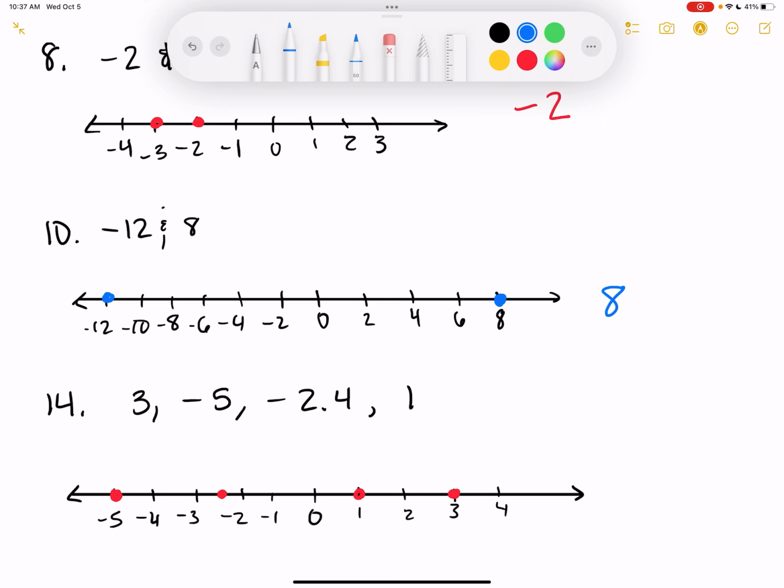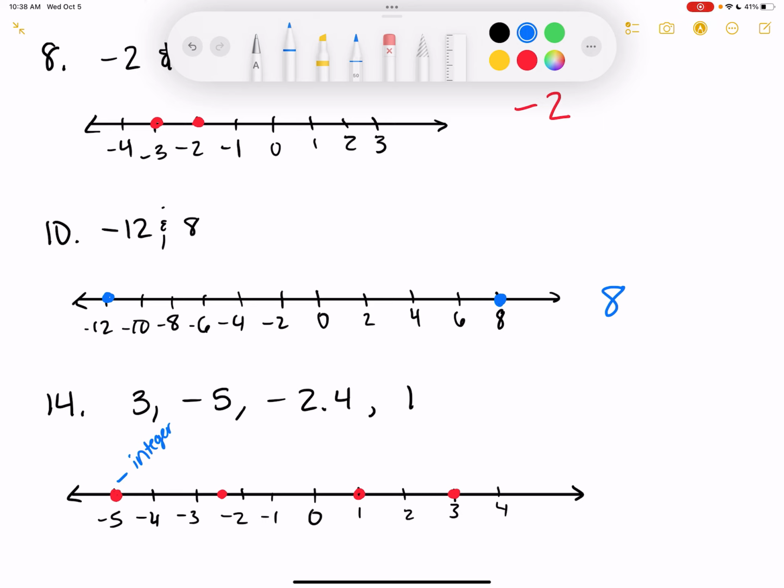So what is negative 5? Whole number, integer, or rational number? Negative integer. Negative integer, so you can just put a dash if you want and do negative integer. What is the negative 2.4? Integers have to be numbers that can't have decimals or fractions.